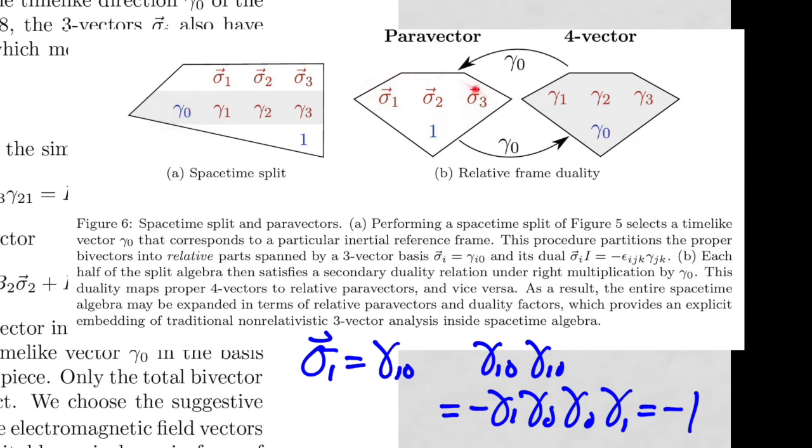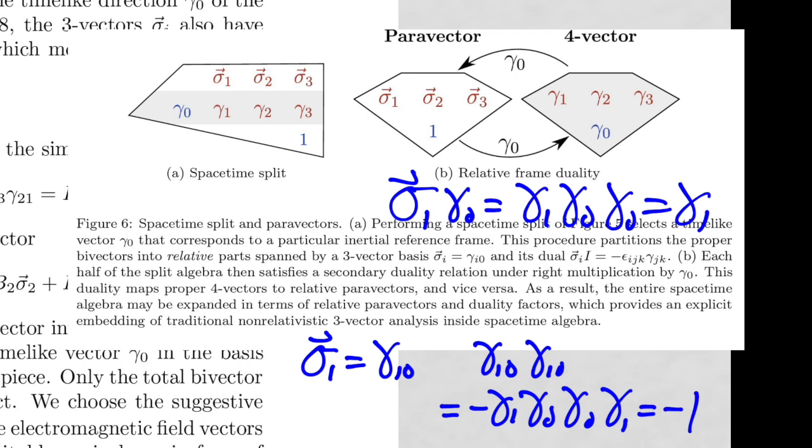And when you multiply these guys by gamma 0, sigma 1 times gamma 0 is gamma 1, gamma 0, gamma 0, which equals gamma 1, right? So you go from here to there, and that's true for all of these. So the duality that we're going to be studying now is a duality of multiplication on the right by gamma 0, and that takes these guys into each other. It doesn't take them into its regular duality, we're going to see.